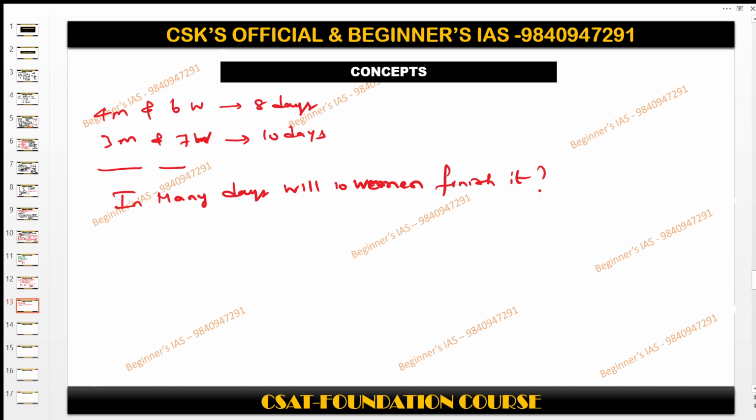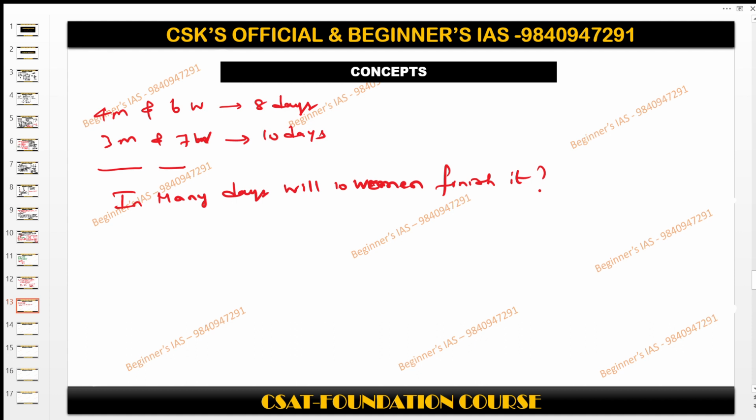So this model was there. I think in 2022 this model was there. Let me check. Do you people have the question paper? Anybody having the question paper can refer. Let me check.